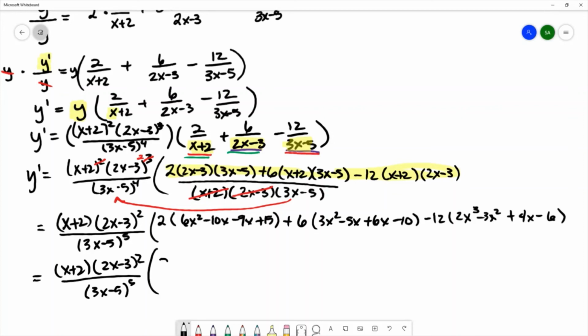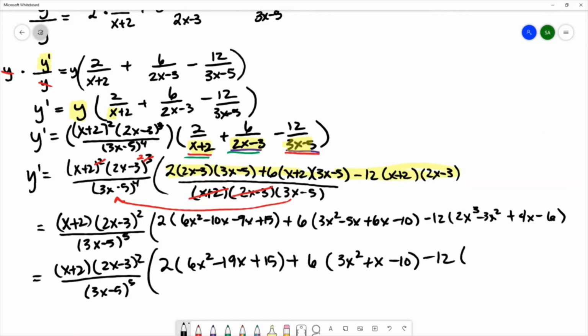So I've got 2 times 6x squared minus 19x plus 15 plus 6 times 3x squared plus x minus 10 minus 12 times, I think I wrote this wrong over here, that should be 2x squared, and this would be 3x.